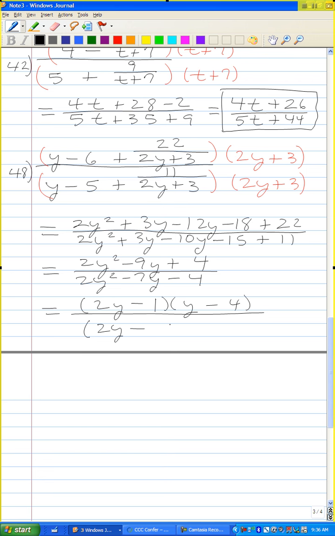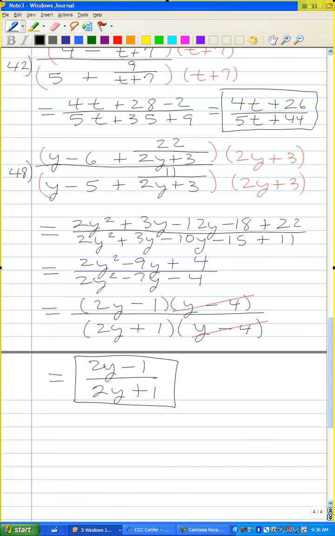And so you get 2y squared minus 8y plus y is minus 7y minus 4. Let me cancel the y minus 4's, and so you get 2y minus 1 over 2y plus 1. And that is your answer.